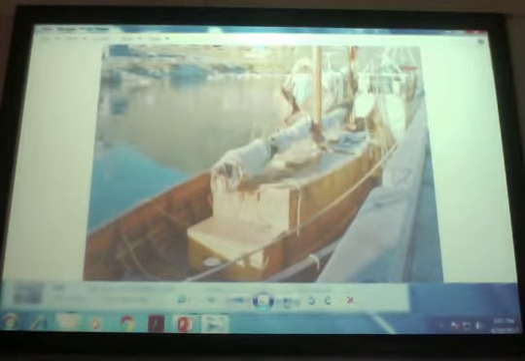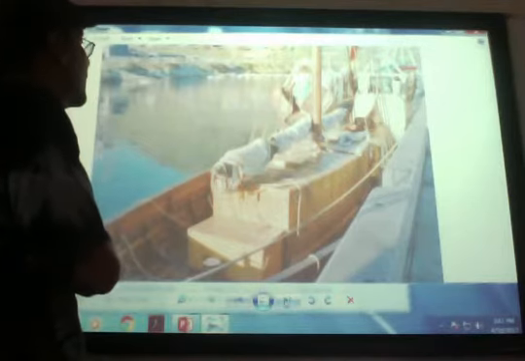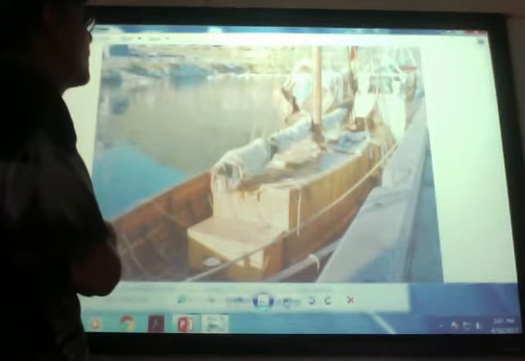Of course, Eric the Red still has some relatives, or people are saying that they are relatives of his, and in 2000 they built 30 dragon boats. You know, these boats from the Vikings, they are called dragon boats.